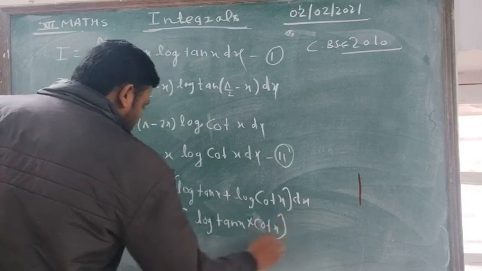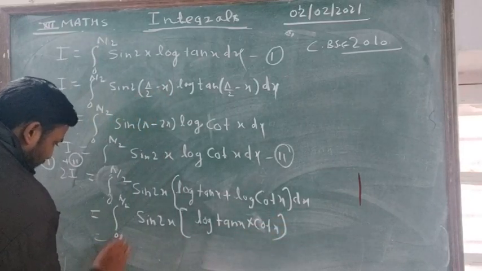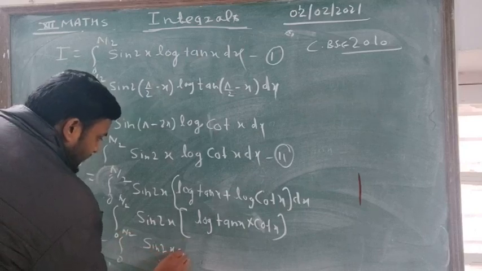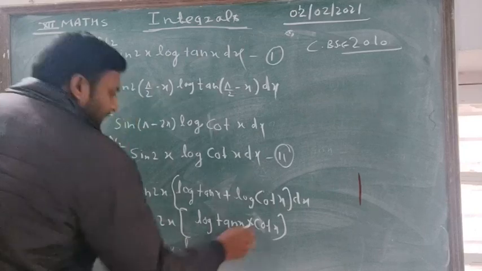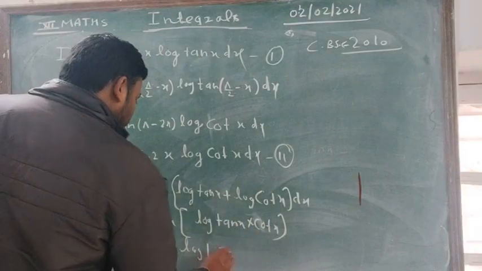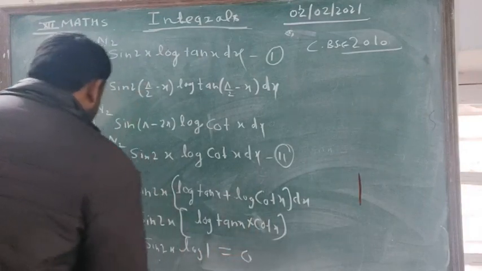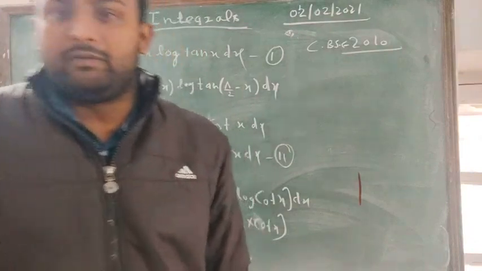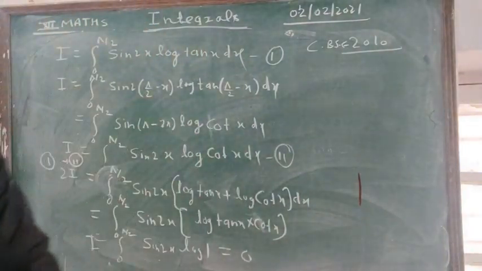Now tan and cot will cancel, so this is log 1, which means this is 0. So integration I is totally 0. So in this way we can find the integration of this question, students.